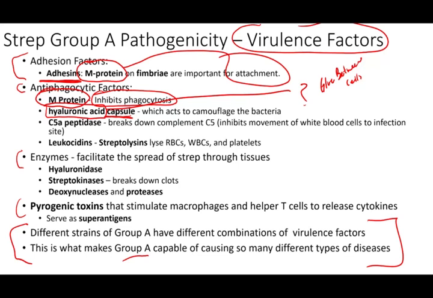And so this bacteria has a capsule made out of a molecule that is found throughout the human body. And so this really masks the bacteria, making it harder for our immune system to recognize these bacterial cells as being foreign because it has this really common molecule that we have throughout our body on it. So it helps to camouflage the bacteria. We've talked about leukocidins. So again, this breaks down white blood cells.